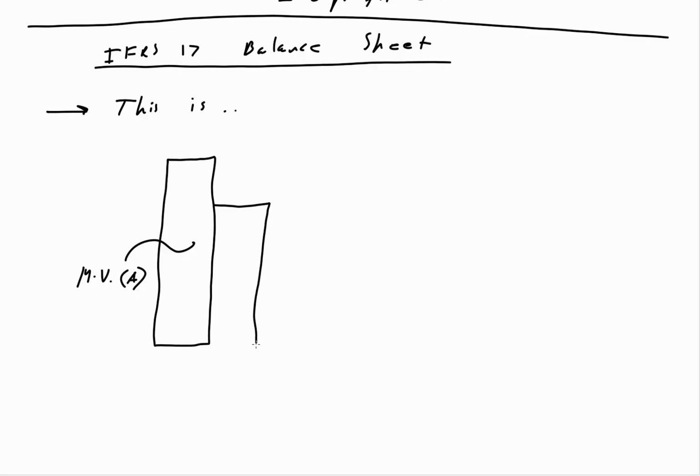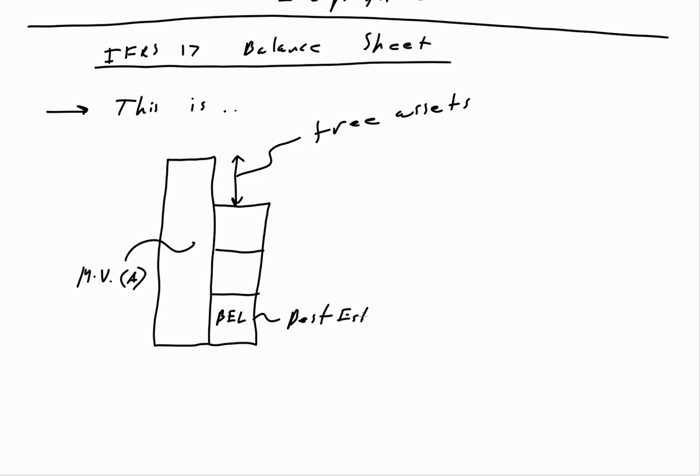What I'm going to draw on this other side is a little bit different. I'm going to split it into three sections. So this break at the top, this is like our free assets, just like in Solvency II. At the bottom, you get something called BEL, which is your best estimate liabilities. So sounds similar to Solvency II, but is actually slightly different.